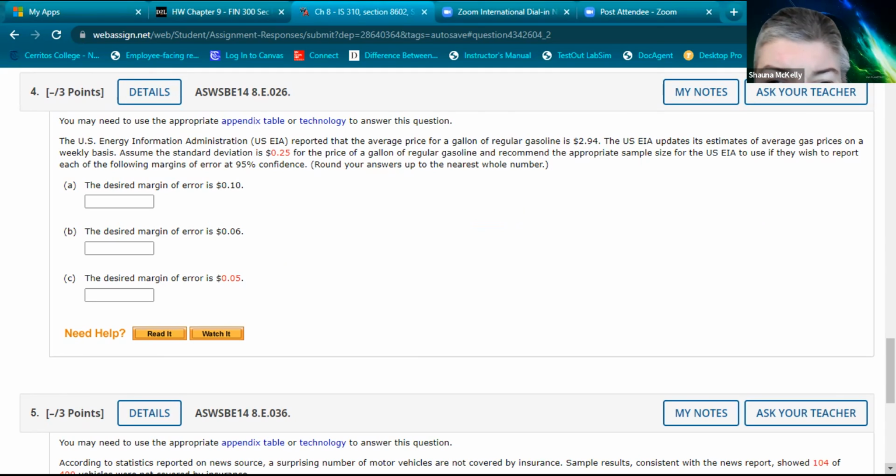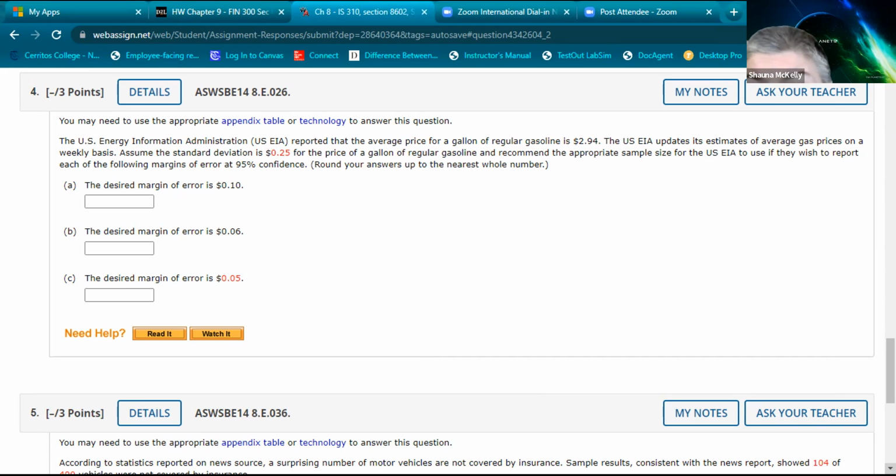Assume the standard deviation is 25 cents for the price of regular gasoline and recommend the appropriate sample size to use if they wish to report each of the following margins of error at 95% confidence. This is a sample size calculation, and this is for a mean.